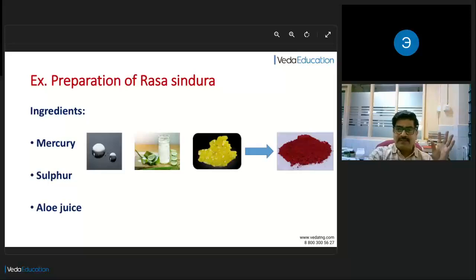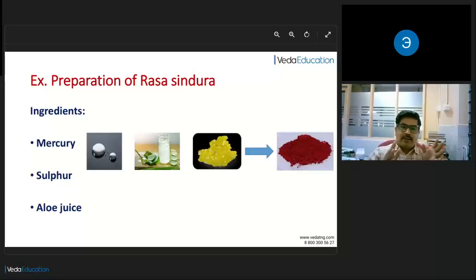It's a very effective medicine, which can be used in different conditions like wound healing, different kinds of skin diseases like chronic psoriasis, or diseases like fistula, etc. It's a very, very effective medicine, but it contains only two ingredients.